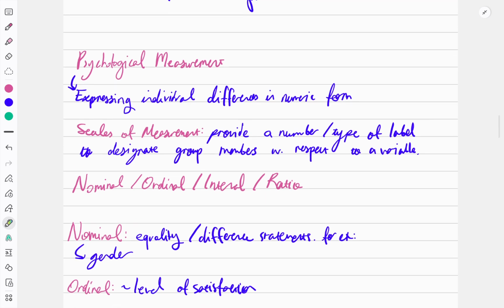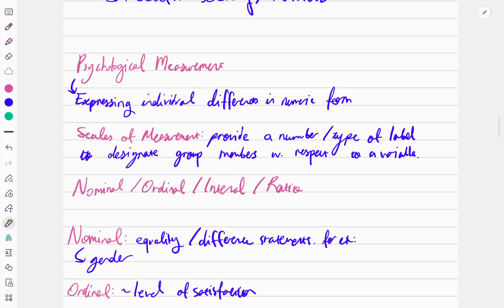So we do psychological measurement, and it's expressing individual differences in numeric form.